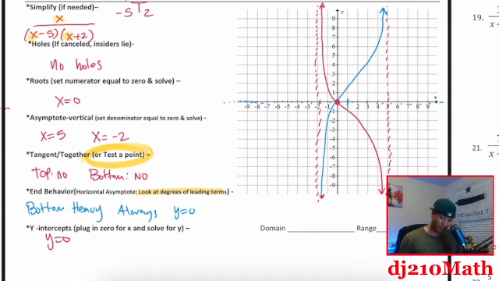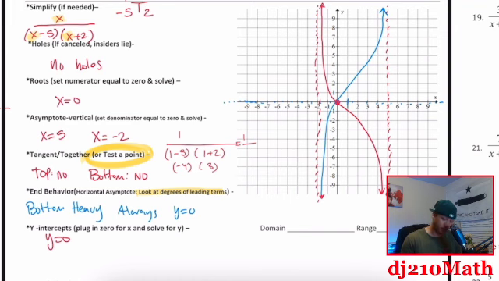So here, if we test a point, let's test 1, right? We're going to get 1 over 1 minus 5 times 1 plus 2. So really what we're looking for is, is this positive or negative? Well, 1 minus 5 is negative 4. So right away, I know that this is going to be negative, right?